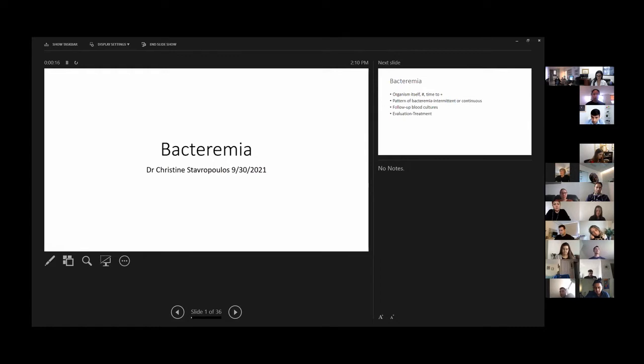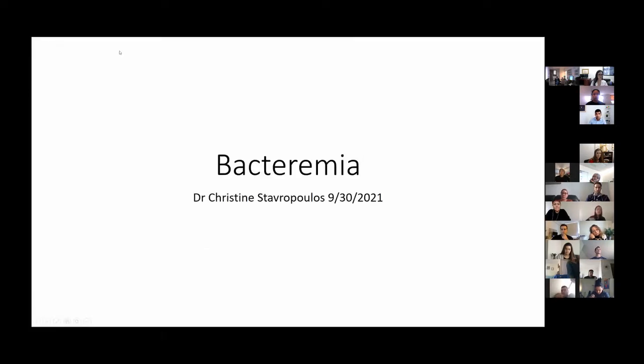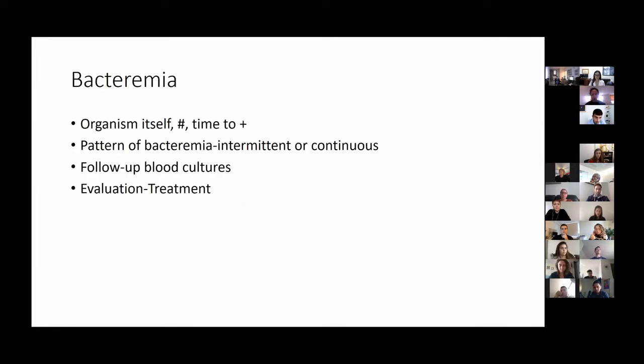So when we talk about bacteremia, what we're going to discuss is the organism itself, and I think you're all familiar with most of the names of the bacteria. And of course, what's important is how many blood cultures are positive and time to positivity. And we are also, now I can't see my slide. Yeah, thank you.